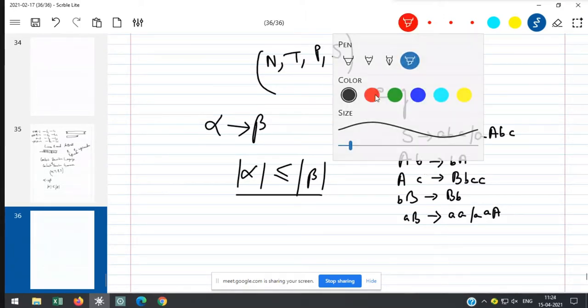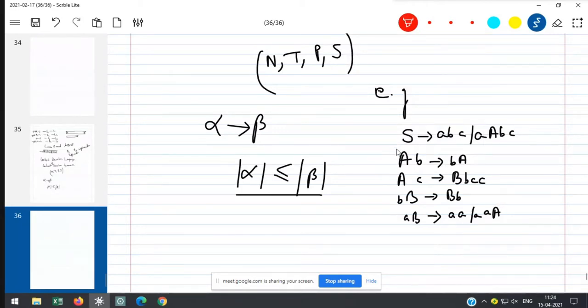So how am I saying that this is context sensitive grammar? See here, all the left hand sides of these production rules are nothing but alpha, and the right hand sides of these production rules are nothing but beta. As per the definition of the context sensitive grammar, the length of alpha should be less than or equal to the length of beta. So we need to check whether the given grammar is context sensitive or not.